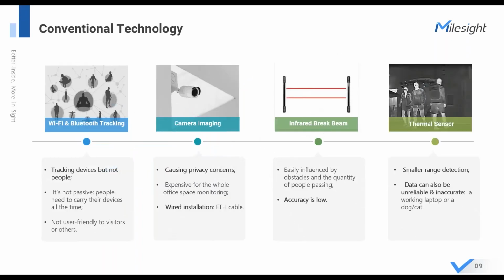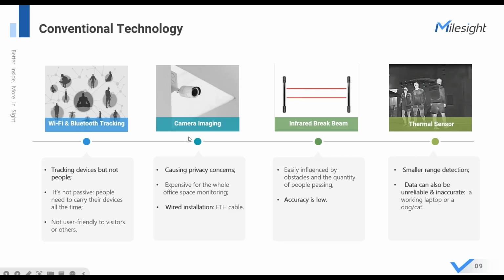To better illustrate the highlights of our products, I would like to state the features of conventional technologies first. Other wireless transmissions such as Bluetooth and Wi-Fi tracking might negatively impact customers and people, because they have to carry their devices all the time to make those detections, and of course, it will cause privacy issues.